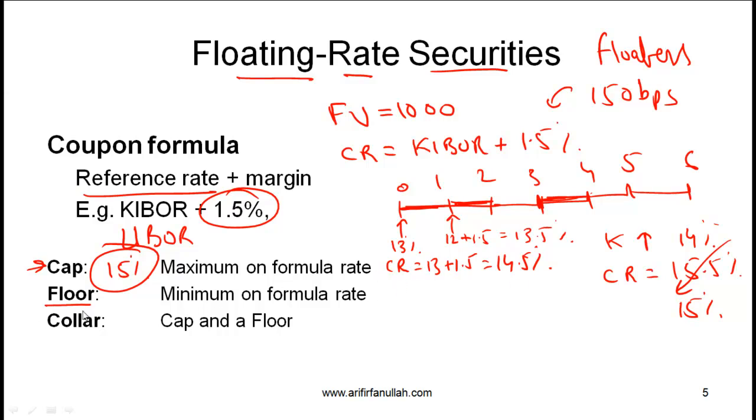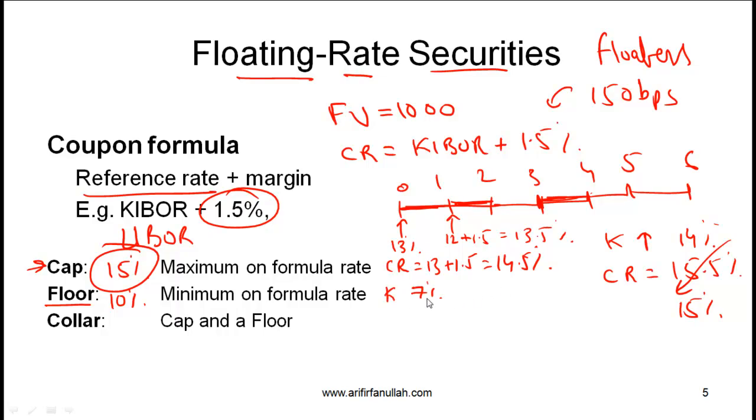Next, floor. This is good for the investor, because a floor puts a minimum on the coupon rate. So let's say that we have a floor of 10%. This means that the minimum payment that the issuer has to make is 10%. In other words, let's say that KIBOR now goes down to 7%.